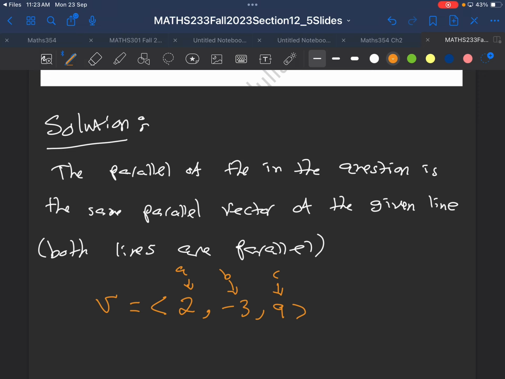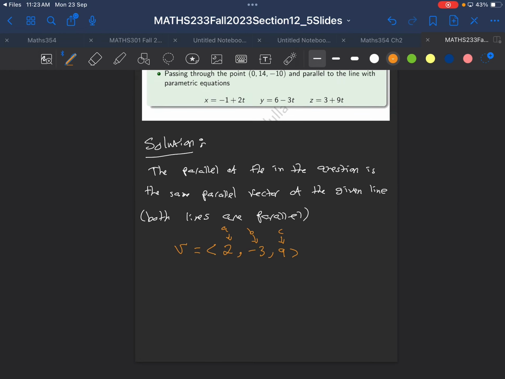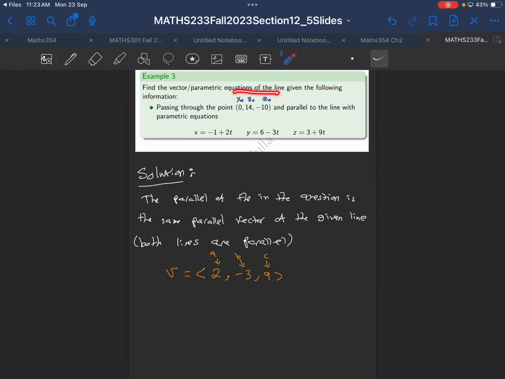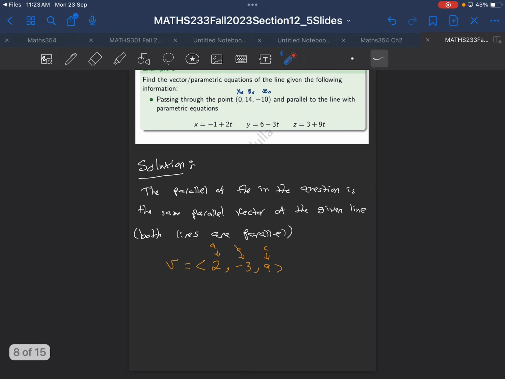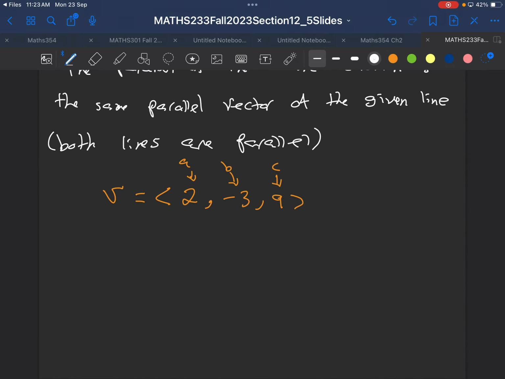Remember, to find a vector, you need 3 numbers, a, b, and c, and here is how we find them, because they are the numbers in front of t. Now, we go back. We have a point, x naught, y naught, z naught, and we have a vector with a, b, c. So all what we need to do is write the equations, and through the equations, we will find the parametric equations.